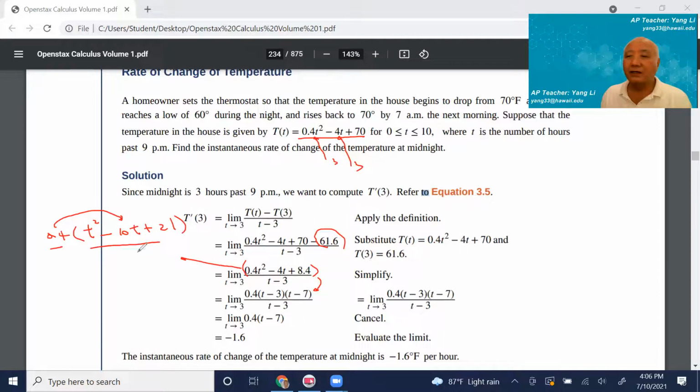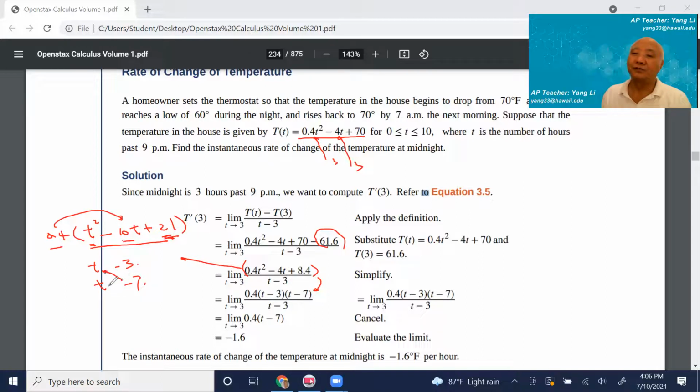Now, for this part you can use the formula we learned before: t times t will be t squared. This 21, you can change it to 3 times 7 because this is 10. But this is positive 21. If you put 3 and 7, you cross multiply, add together, you get positive 10, not negative 10. So that's why you need to put negative here, negative here. You see, t times t is t squared, negative 3 times negative 7 is 21.